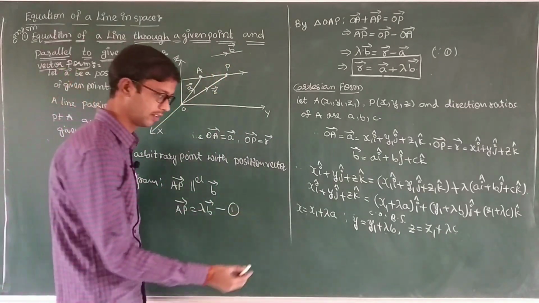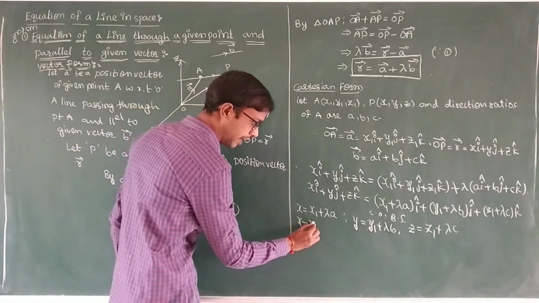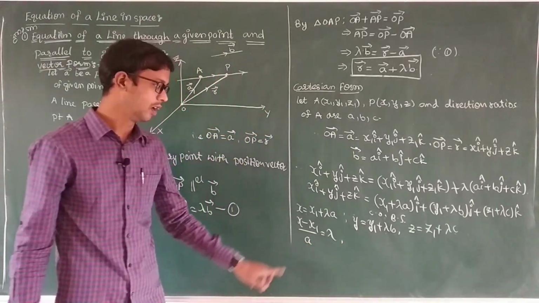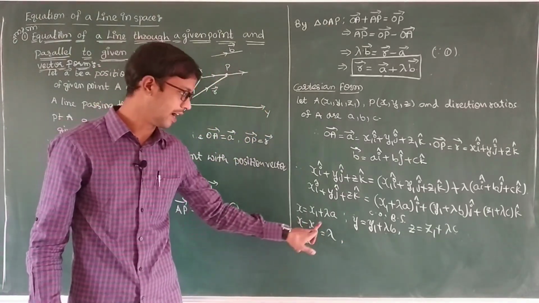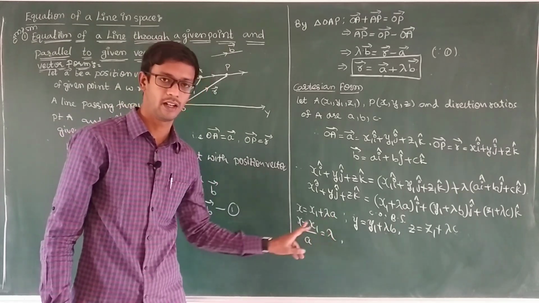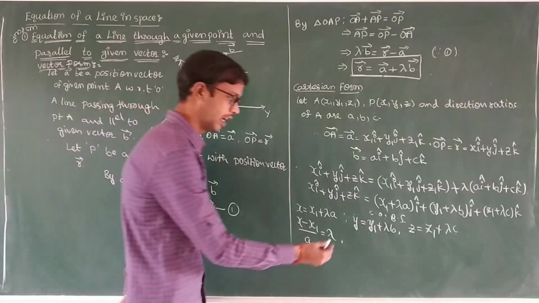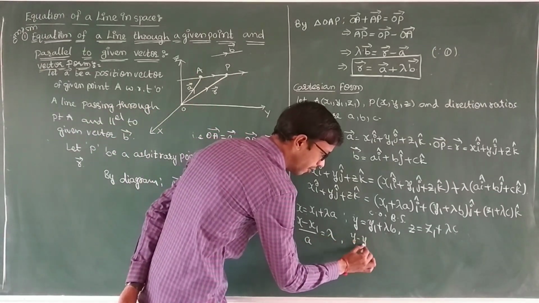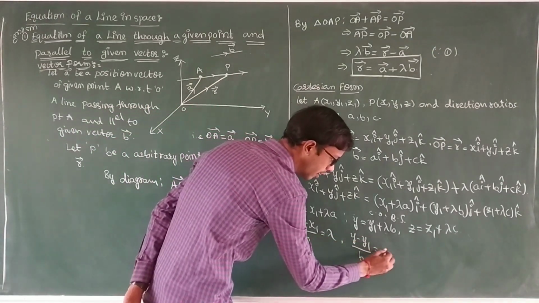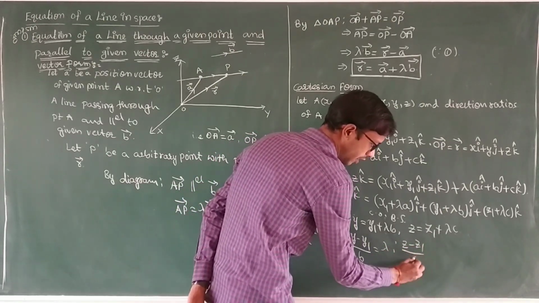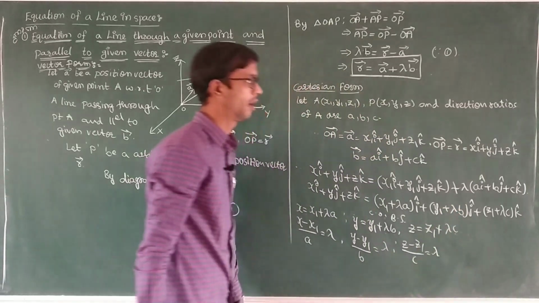If we simplify, (x minus x1) by a is equal to lambda. x1 goes to the left side, and a, being multiplied, goes to the left side as division. Similarly, (y minus y1) by b is equal to lambda, and (z minus z1) by c is equal to lambda.